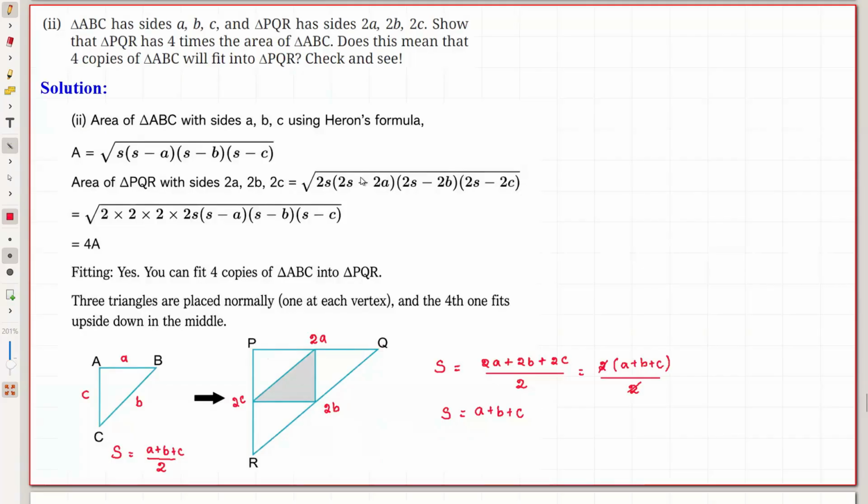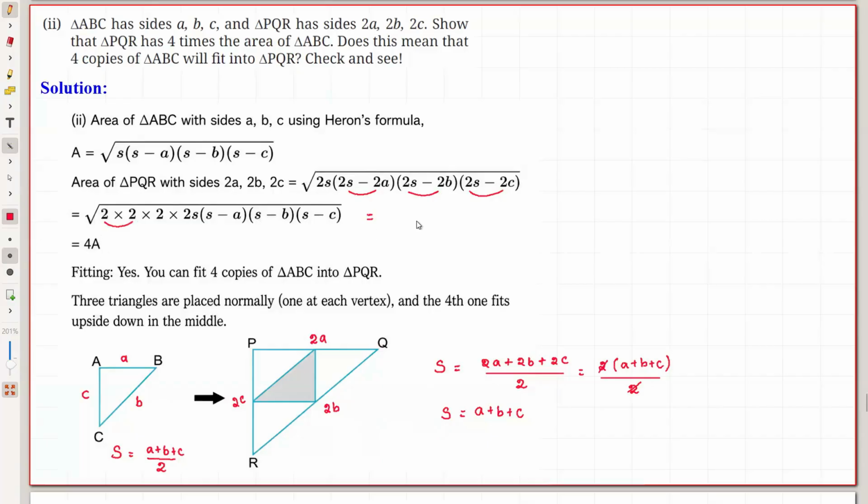Now apply it: 2 is common everywhere, so I take 2 outside each. 2 into 2 into 2 into 2S, then S minus A, S minus B, S minus C. Now just multiply: 2 twos are 4, and this also 2 twos are 4. From this I can take one more step, which we will write next.